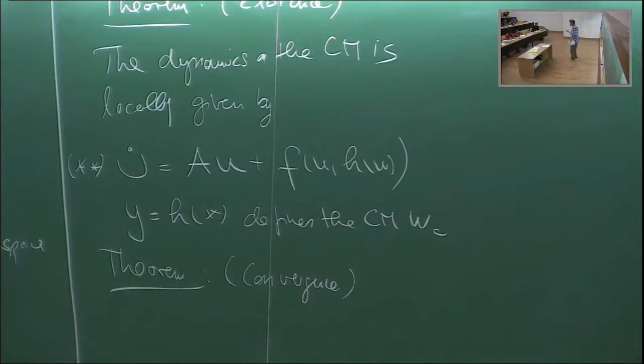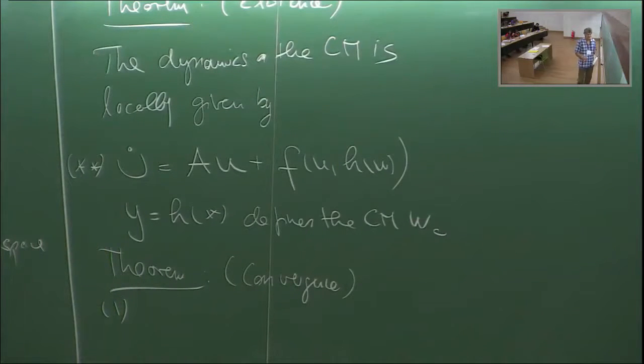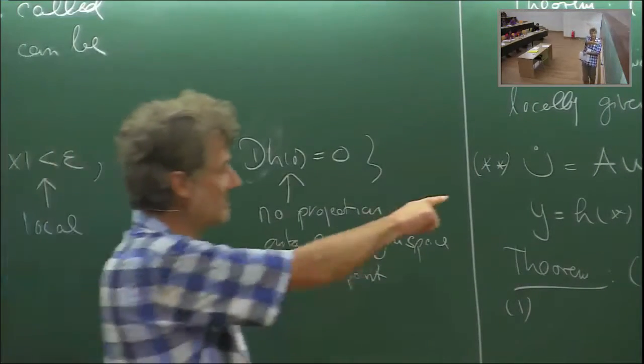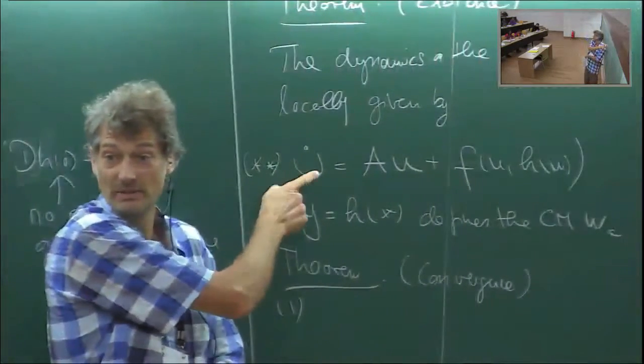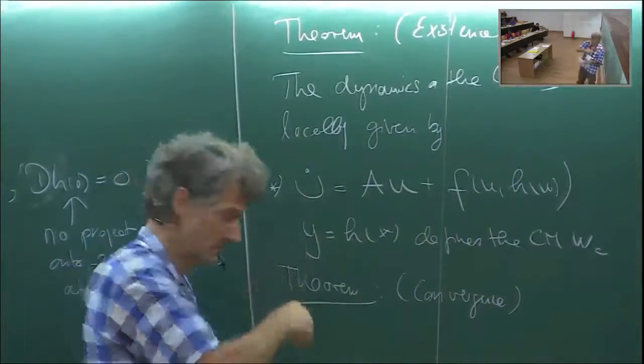So we have to show that too. Well, we're not going to prove that, but I'm going to state it. So it says that the stability properties of the full system here, this n plus m dimensional system, are the same as the stability properties of this reduced n dimensional system. Okay.